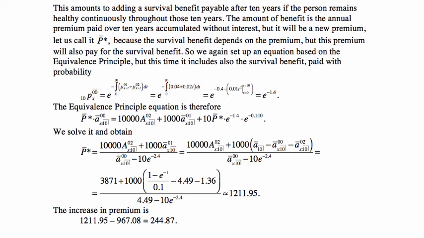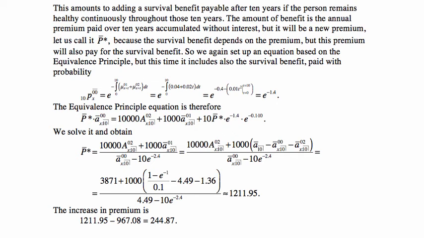And that means that the person is completely spared the force of disability and the force of mortality acting on them, and that probability is e to the minus integral of the sum of those two forces. Okay, the first force is 0.04, the second one is 0.02t. We take the integral. It's easy to take the integral of a constant, 0.04 over 10. That's just 0.4. From 0 to 10, there's over 10 years.